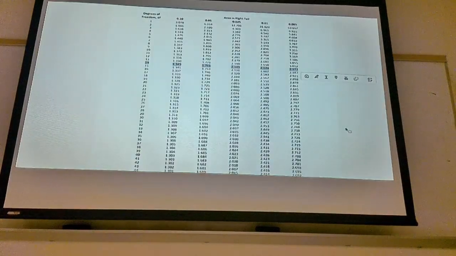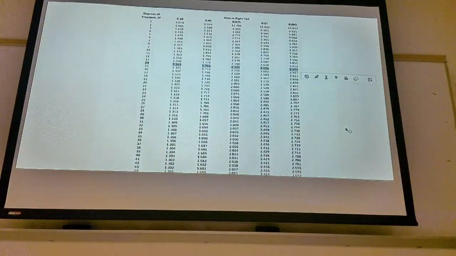Divide that by 2. It should be 0.025. There's our critical value, 2.145. Scroll down, there's your confidence level, 95%.